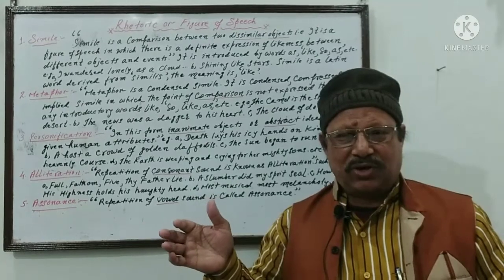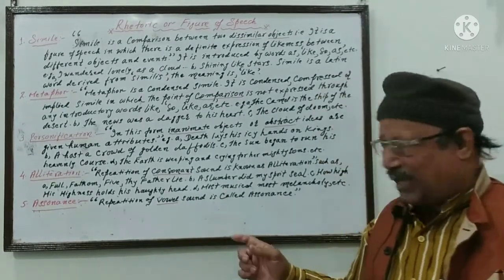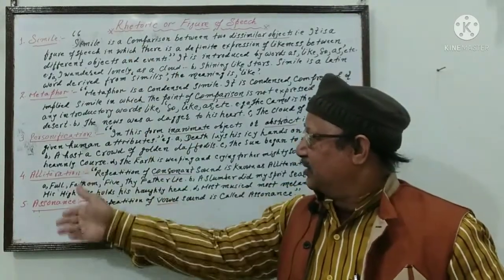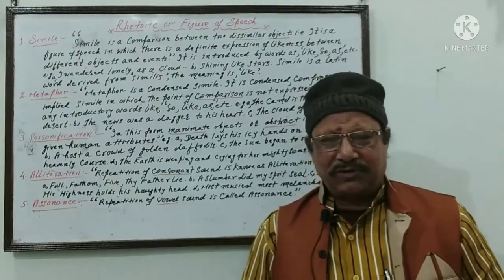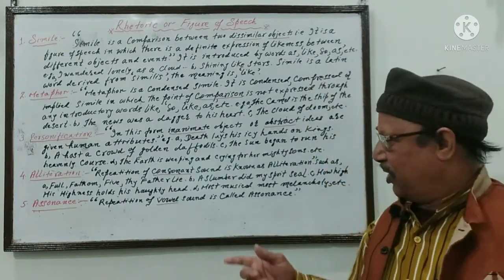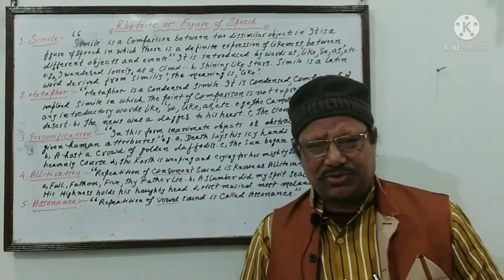So these are some examples of assonance, and these are important figures of speech mostly used in the poems prescribed from 6 to 12.